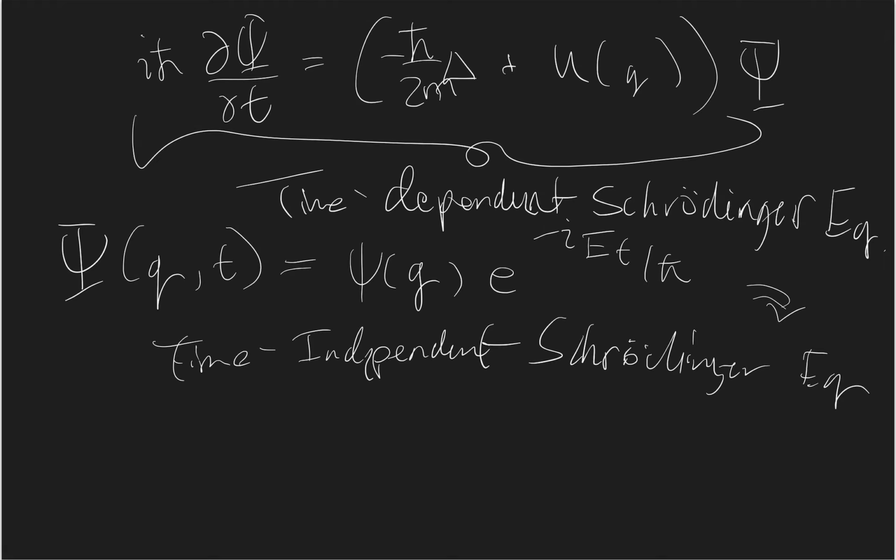All right, so this will imply that if we look at the particular solutions only for the spatial part, this would give us the stationary spectrum. Okay?